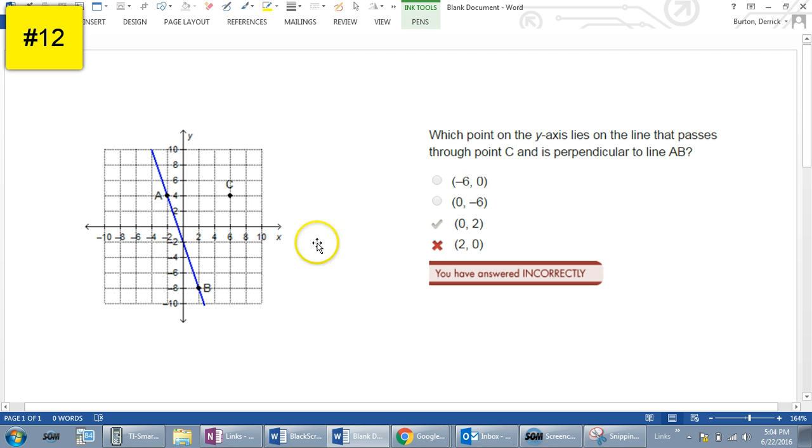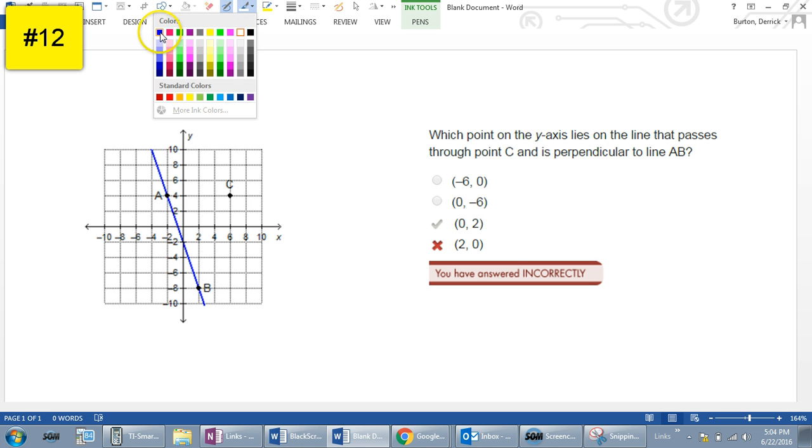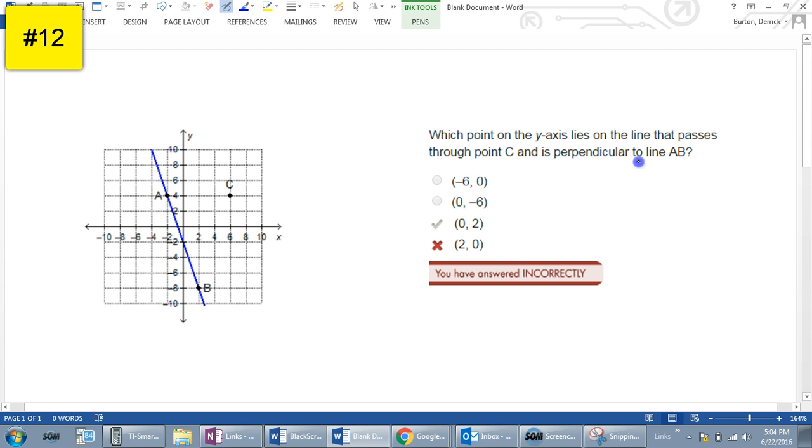So as we look at this equation, as soon as I see them talking about perpendicular lines, then I'm thinking about that whole thing about opposite and reciprocal. So the line that we have, let's see what the original slope is.